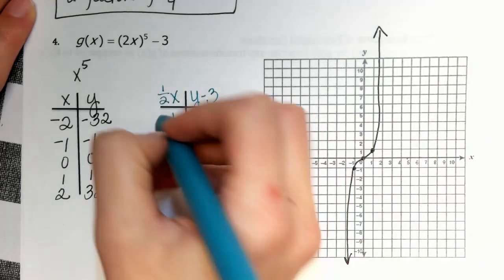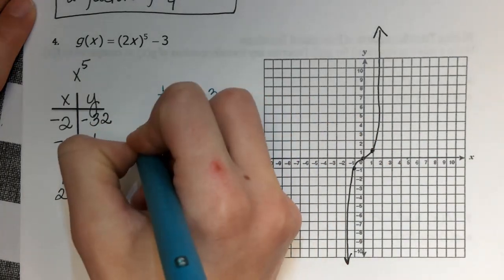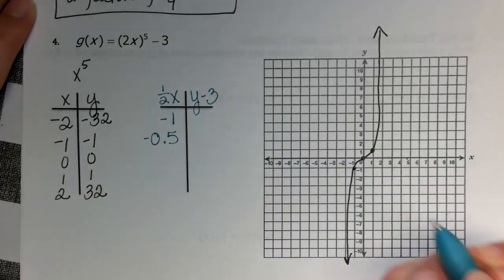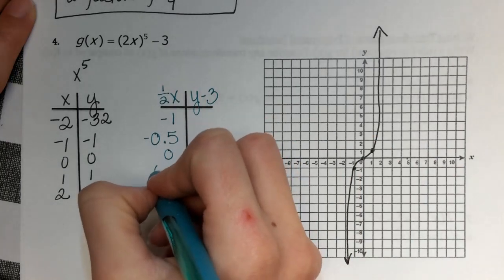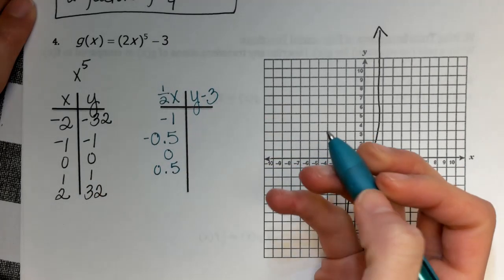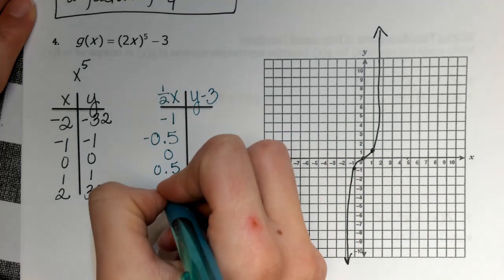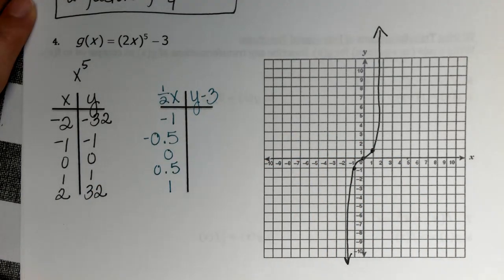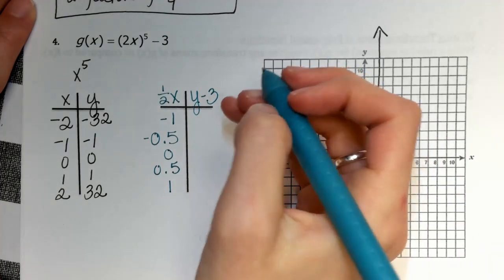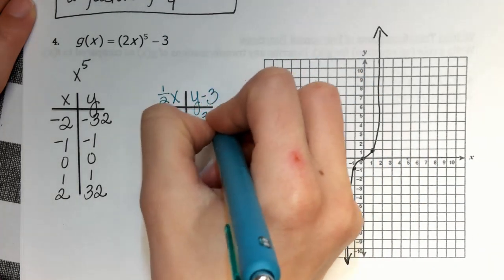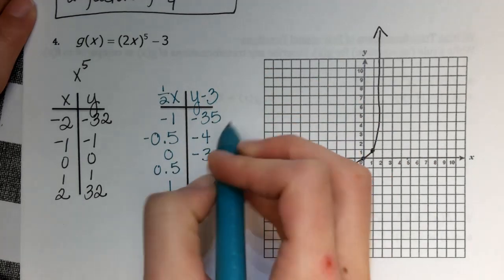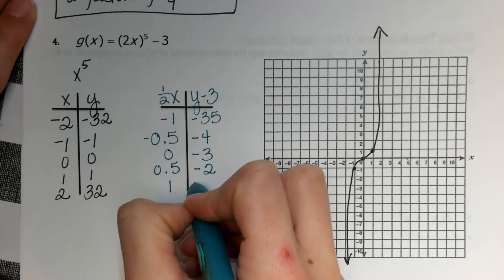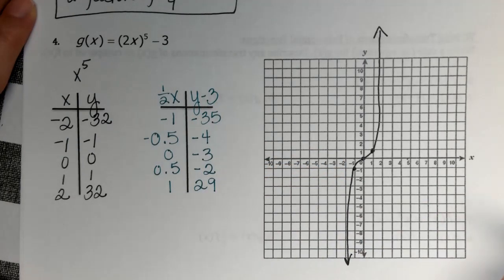Negative 1 times 1/2, you can put the decimal. 0 times 1/2, 0. 1 times 1/2, and then 2 times 1/2. Then y minus 3, negative 32 minus 3. Negative 1 minus 3. Then negative 3, negative 2, and 29.